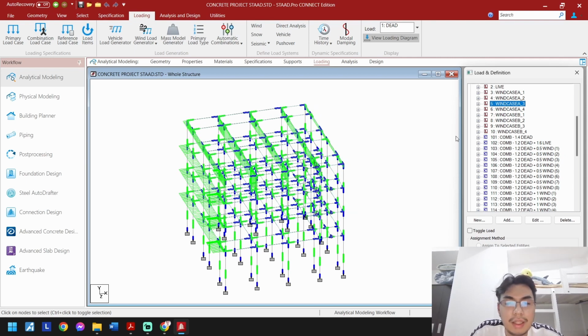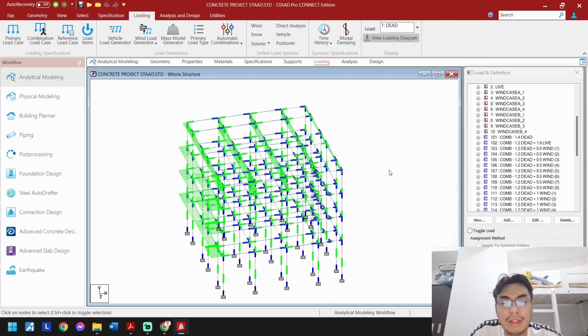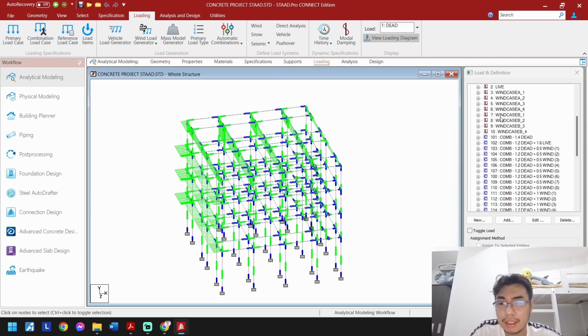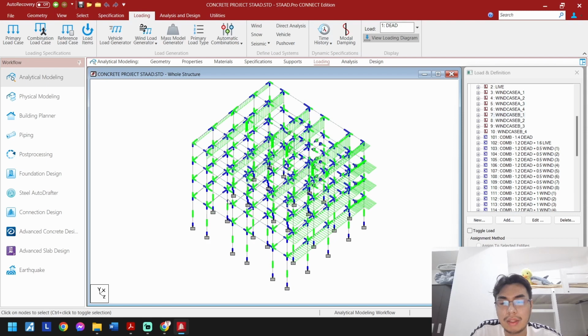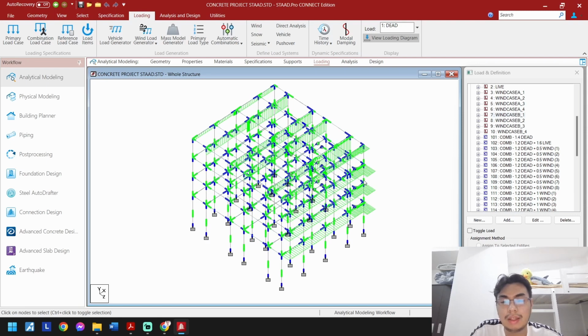For the case A3, now the wind is on the left side and on the front, the maximum on the front corner. Then for the case A4, it is also on the left side, but the maximum wind pressure is located on the rear. Okay. So for the case B1 now, as you can see, the wind is now on the front elevation, and the maximum wind pressure on the front is located at the right side corner.